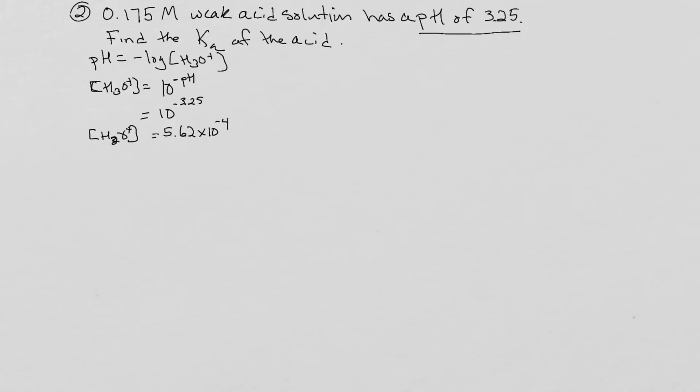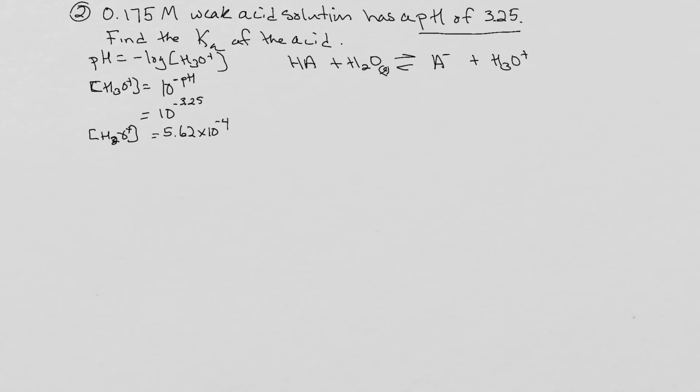Our generic weak acid equilibrium is going to be that our acid plus water is in equilibrium with our conjugate base, so it's going to be the acid anion, plus hydronium ion. Now, of course, all of these are aqueous except for the water, which is always in the liquid form.